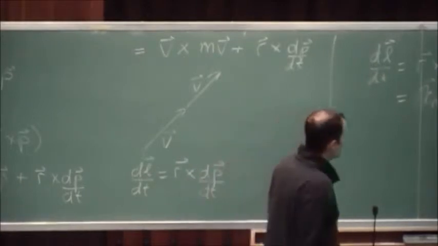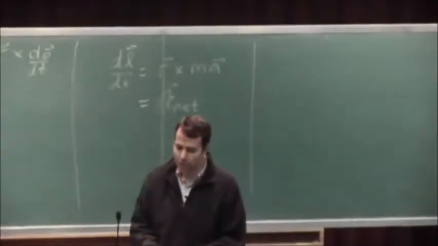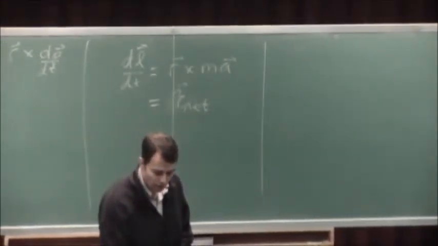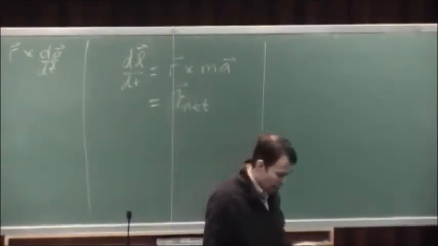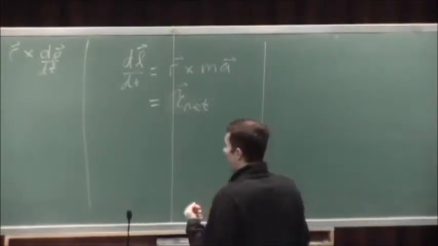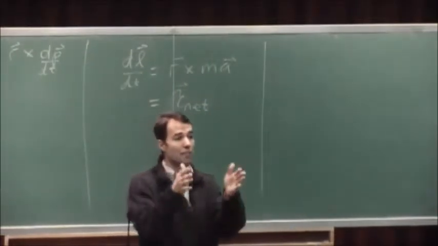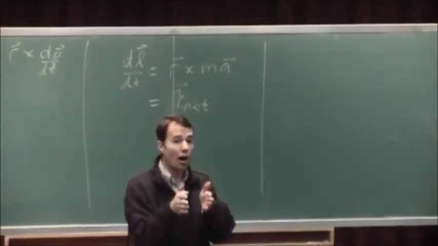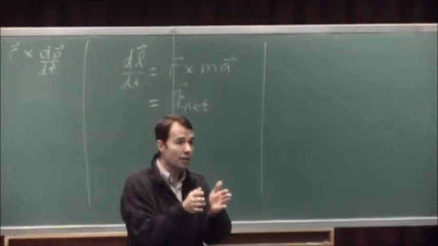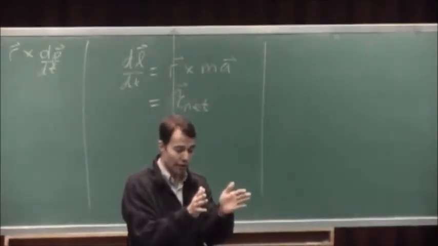So I want to do some examples here. We've often taught that if I want to find out the torque on something, I take r cross F. And if I want to find the magnitude, it's r times F times the sine of the angle between those two vectors.